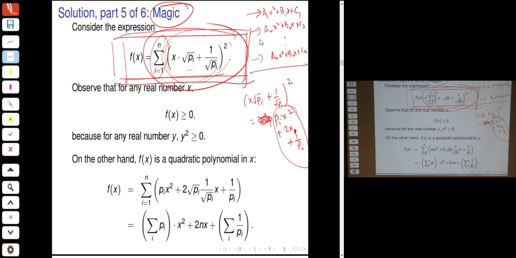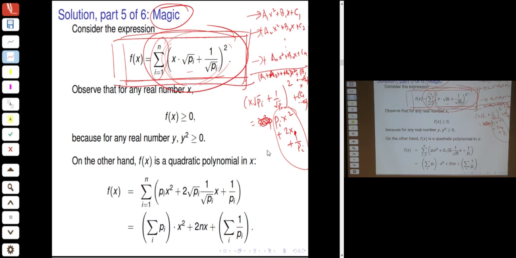If you sum up a bunch of these quadratic expressions, you will get just another quadratic expression, right? a1 plus a2 plus up to an, times x squared, plus b1 plus up to bn, times x, plus c1 plus up to cn. Okay. So, you can call this sum of a_i's as a, sum of b_i's as b, and sum of c_i's as c.